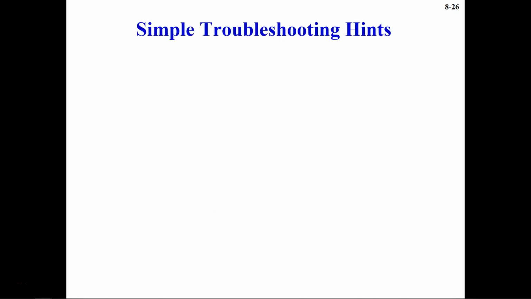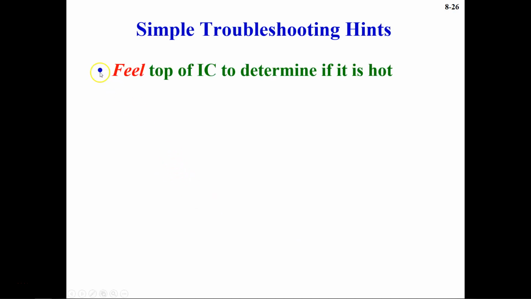Now next is simple troubleshooting hints. These are a couple of hints which I'll be showing you, and you can use them when you do the lab experiments. So first thing you can do is touch the IC and see whether the IC is hot or not. If it is hot, then maybe the IC is damaged and due to which the circuit is not working properly.